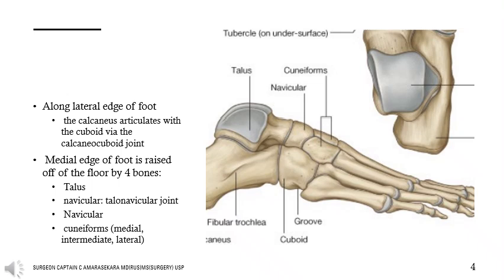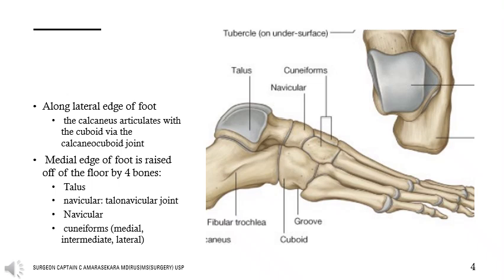Okay, now we'll see the structural contours of the foot, especially the lateral and medial edges. These regions are essential for understanding weight distribution, joint articulation, and radiological orientation. The lateral edge has the calcaneocuboid joint. Along the lateral edge of the foot, the calcaneus articulates with the cuboid via the calcaneocuboid joint.